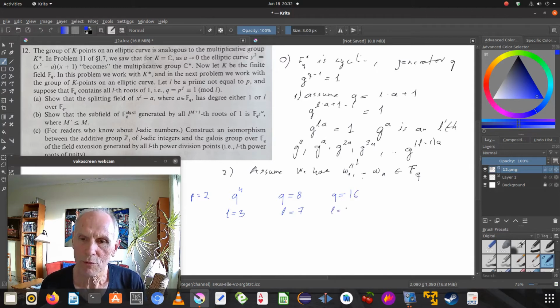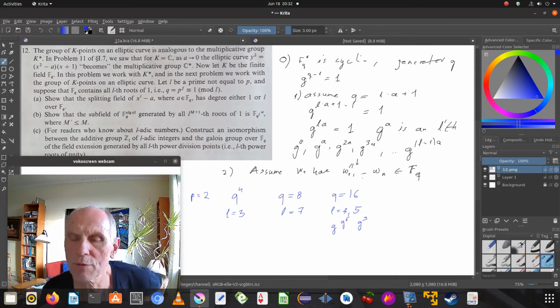where we have two possible choices of L. If we have a generator g, then g to the 5th will have order 3, and g to the 3rd will have order 5, and generate the group of points of order 5. 32 is trivial.